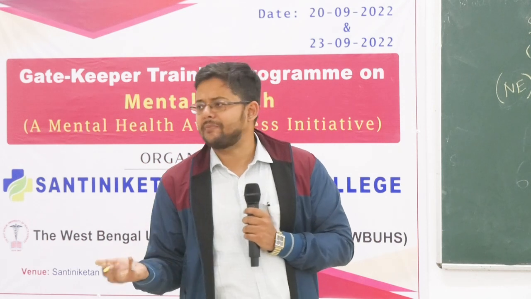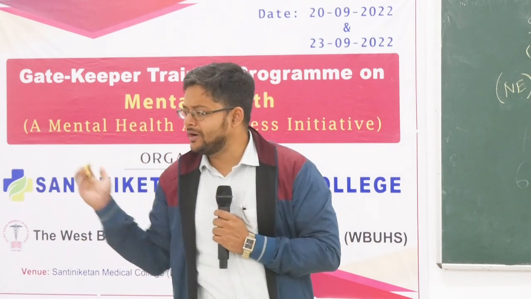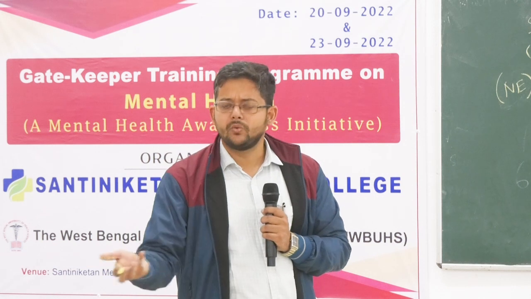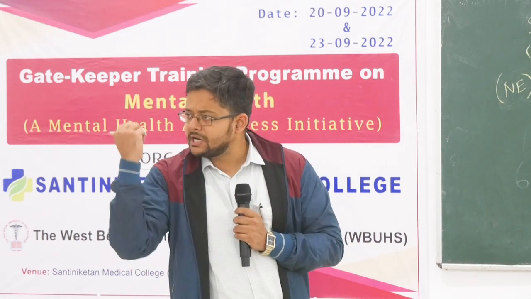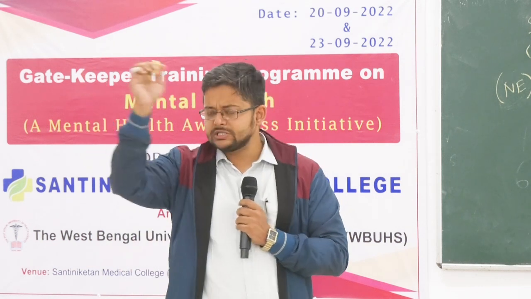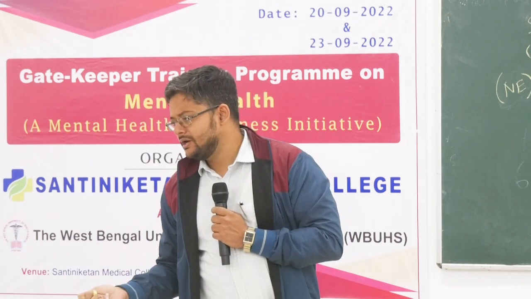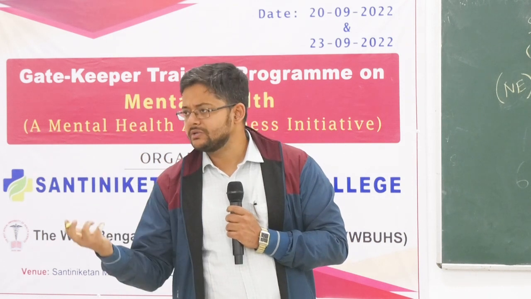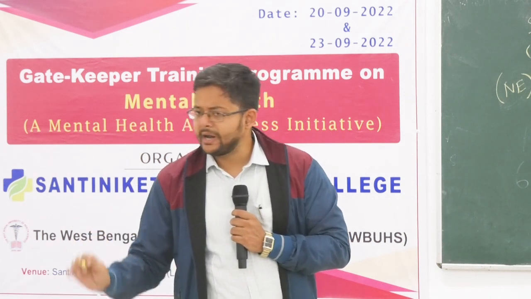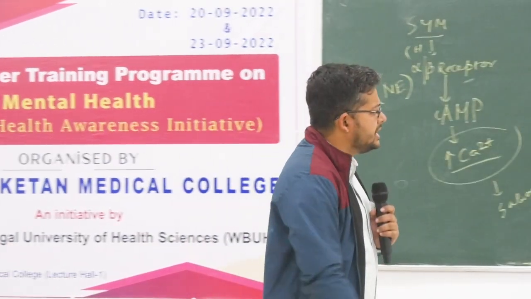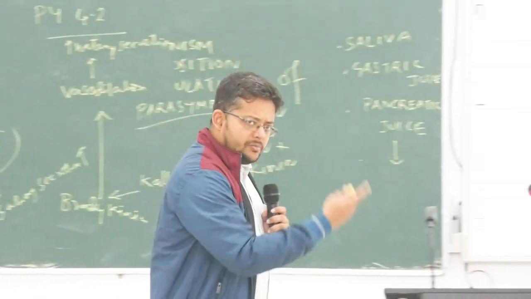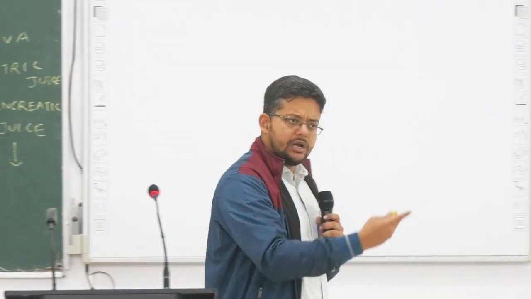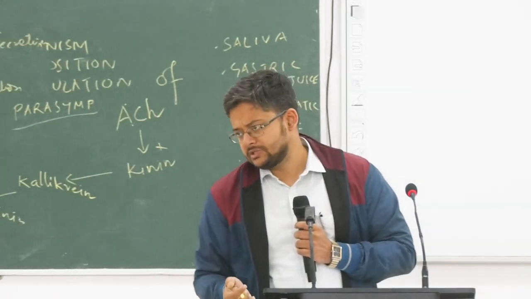If there is more water, through the capillary wall, the water will be found in the mouth. So overall, what will happen? Watery secretion inside the mouth will go up. And who is responsible for that? The parasympathetic system. So parasympathetic system, acetylcholine release, this kininogen pathway is open, ultimately vasodilation in the local area leading to more saliva secretion, rather we can say more of the watery part of the saliva secretion.